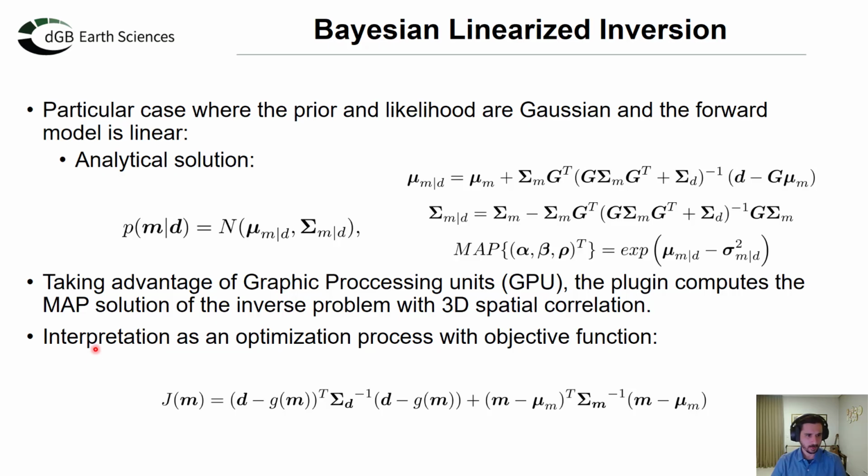Just for curiosity, we can also have the interpretation as an optimization process with this objective function, where you want to minimize the error with the seismic data and the error with your low frequency models, with the spatial correlation in the covariance matrix.